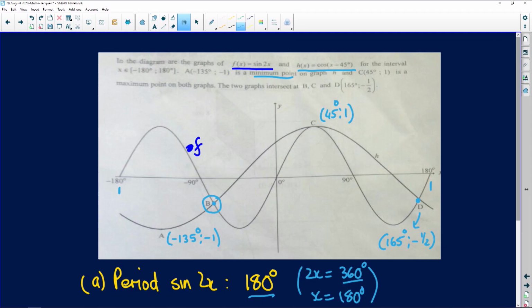They are only asking for the x value. This graph intersects at B and at D. Now, if I draw a line that goes to the x-axis, this is 165. It is 15 degrees away from that intercept at 180.